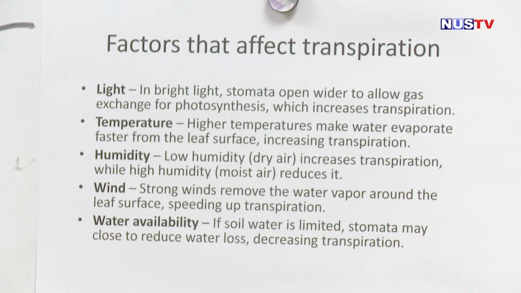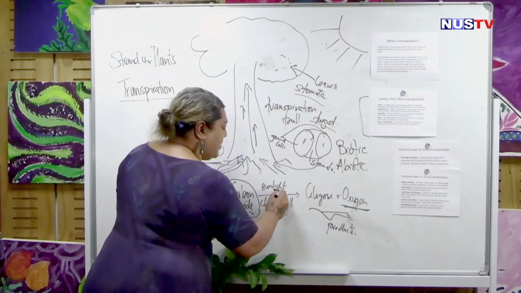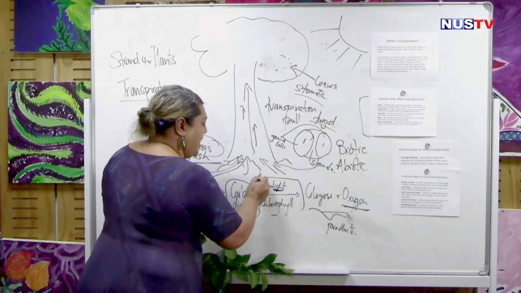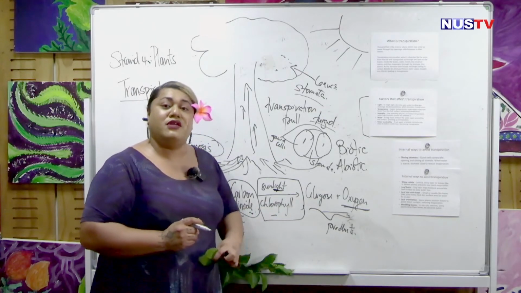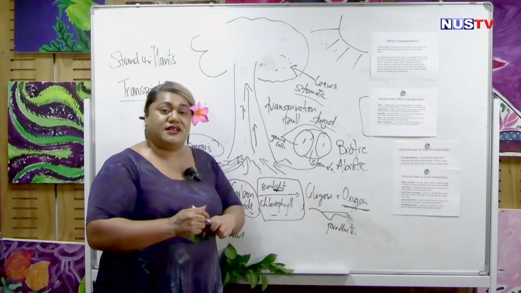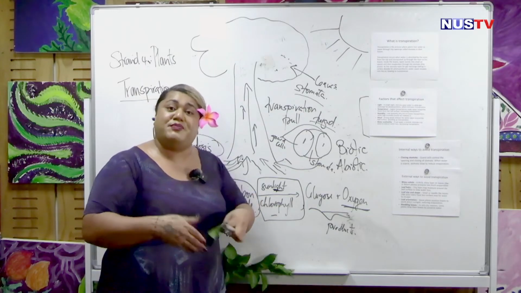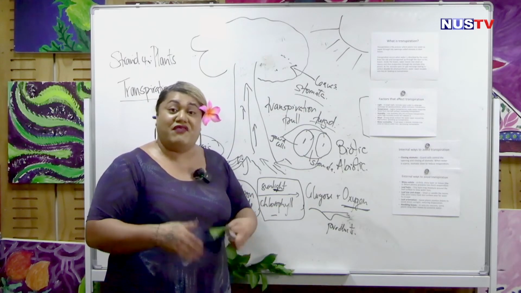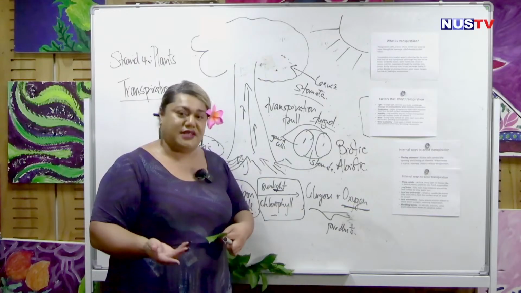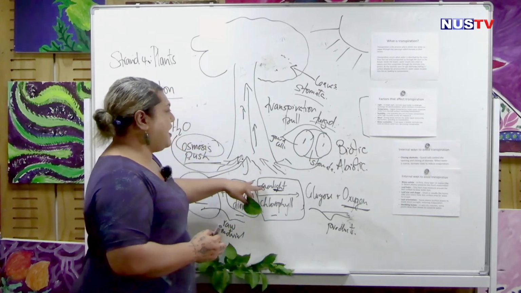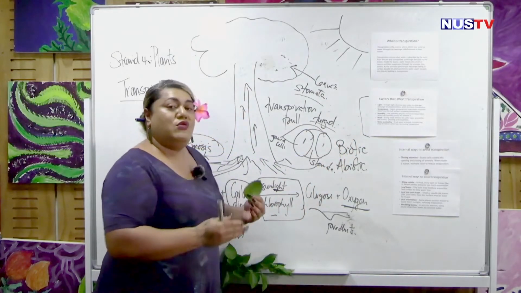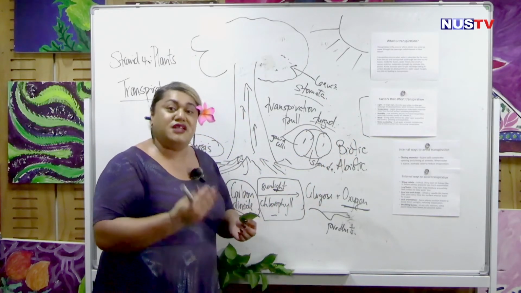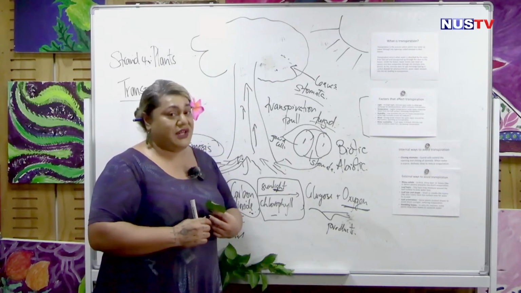Sunlight and chlorophyll act as a catalyst, speeding up the process. So if you increase the light intensity, the rate of transpiration increases.